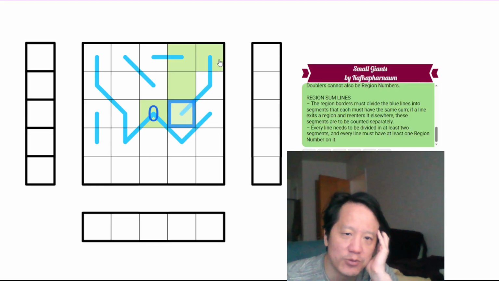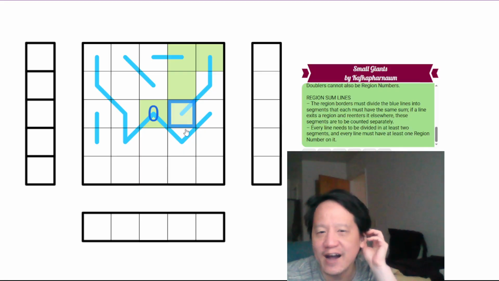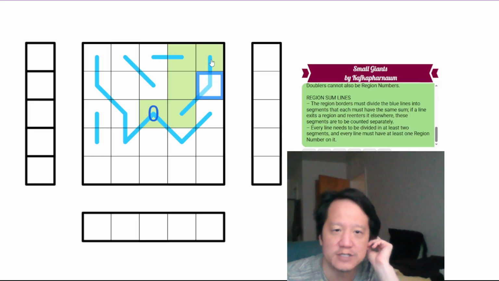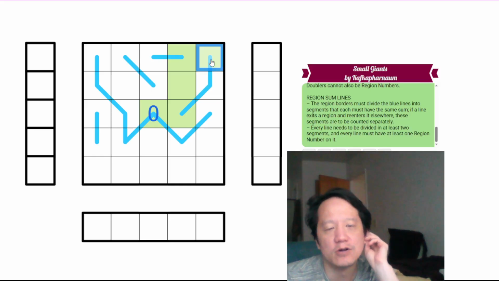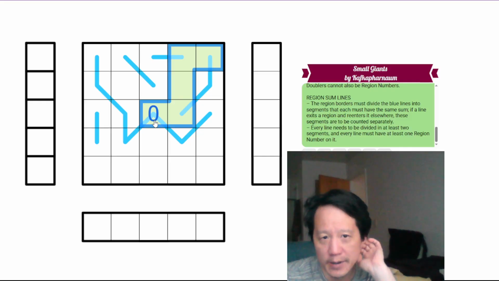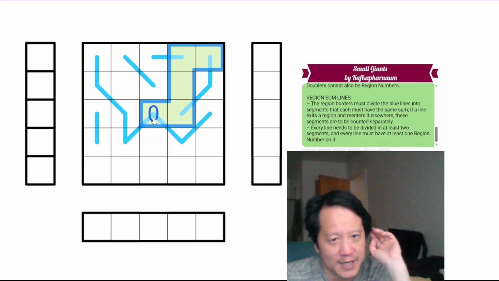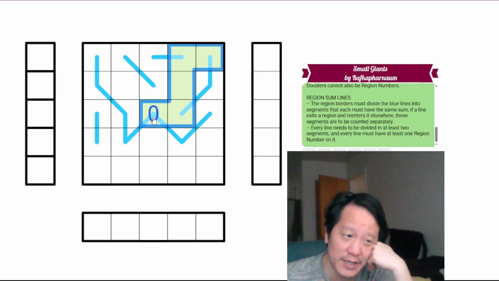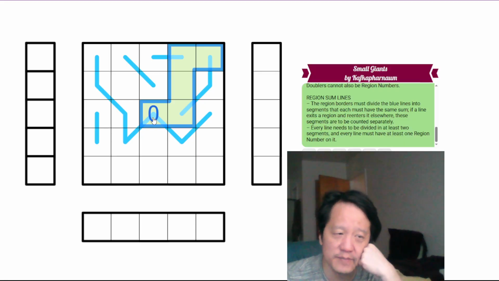This would be an example of 3 segments, but basically the value of the cell here must equal the value here, which must equal the value here. So that tells you some information, assuming that this region would be valid. It's probably not valid. Well, it could be, I guess. Technically.